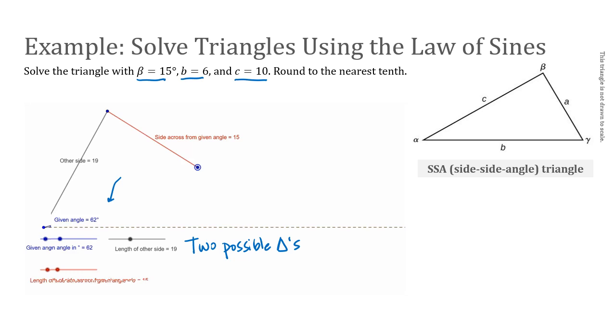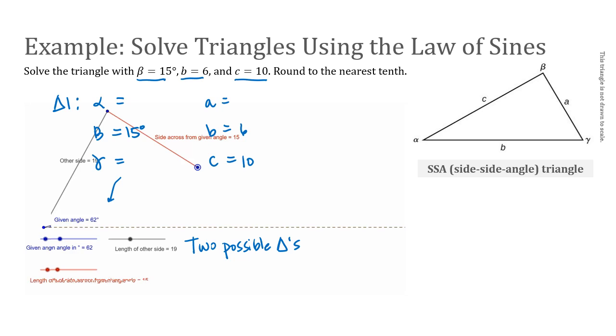We might say that in triangle 1, we know that we have an angle alpha, we have an angle beta, and we have an angle gamma. And we know that across from those angles are side A, side B, and side C. Now, what was given was, of course, angle beta as 15 degrees, side B as 6, and side C as 10.